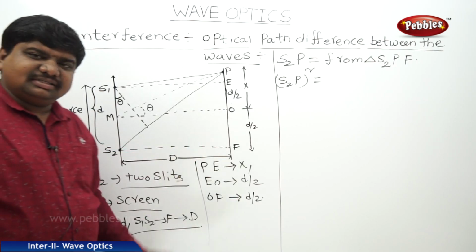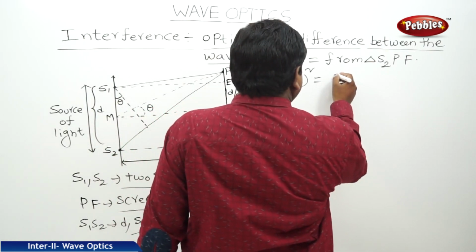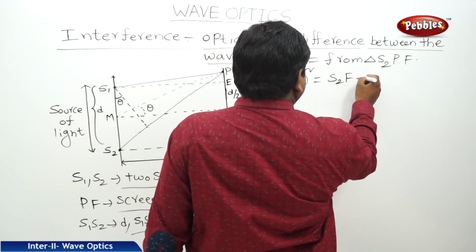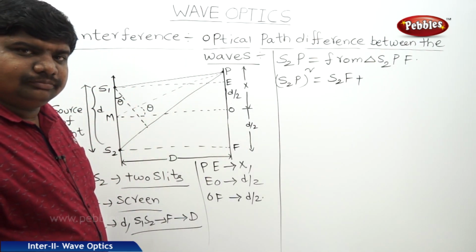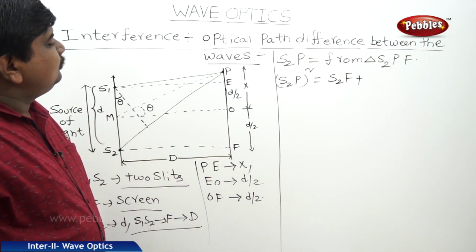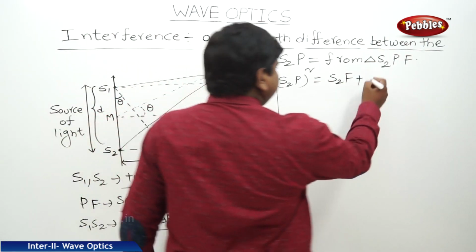side square plus side square: S2F square plus P to F square.